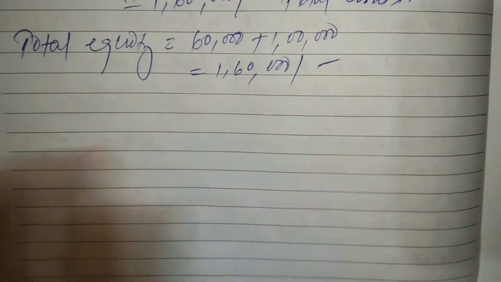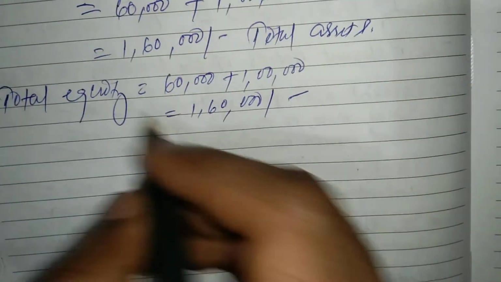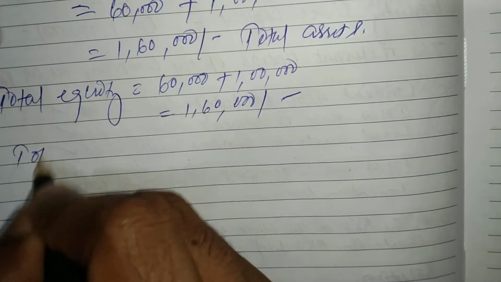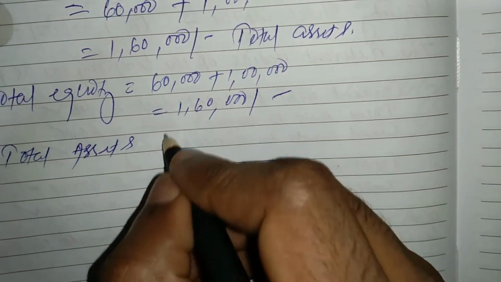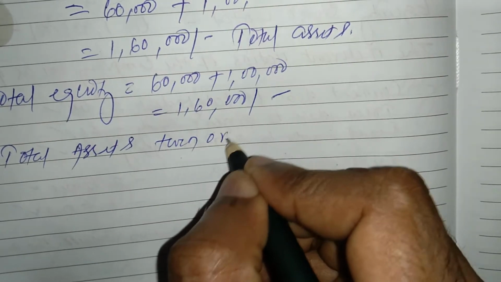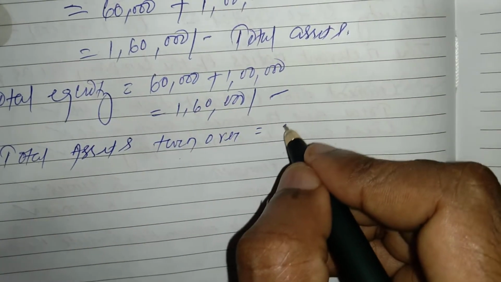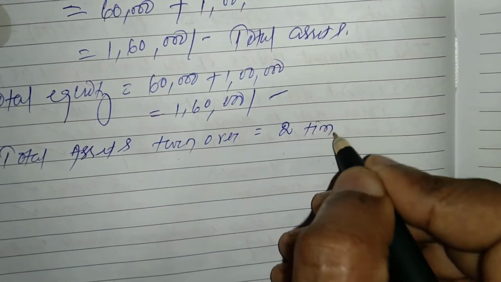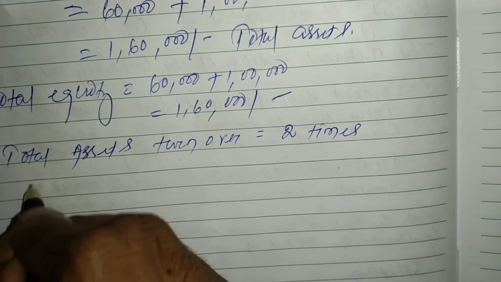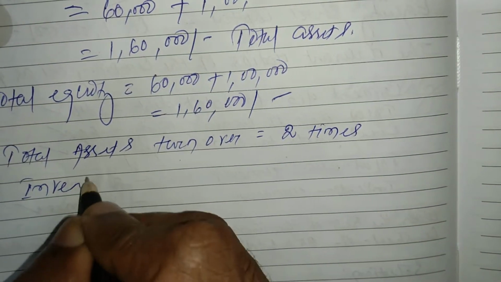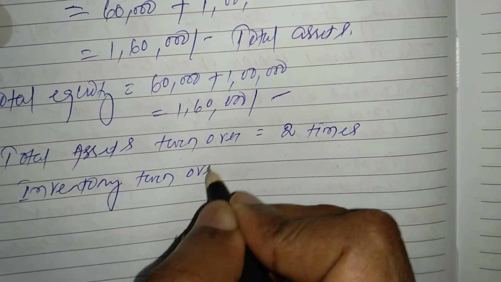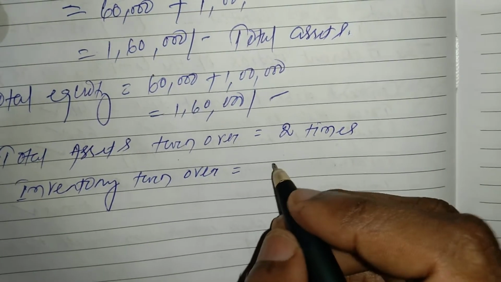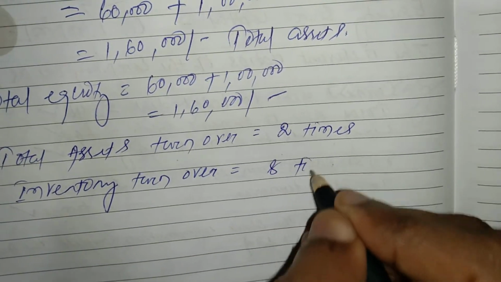That means total asset turnover is equal to 2 times, inventory turnover given is eight times.